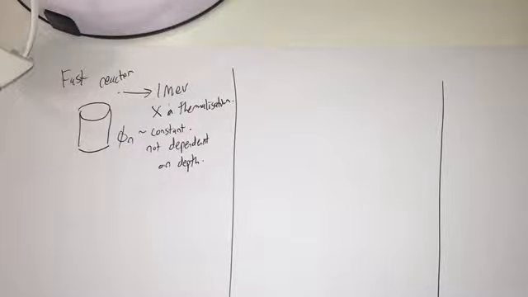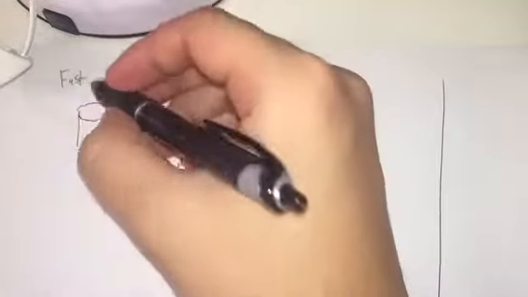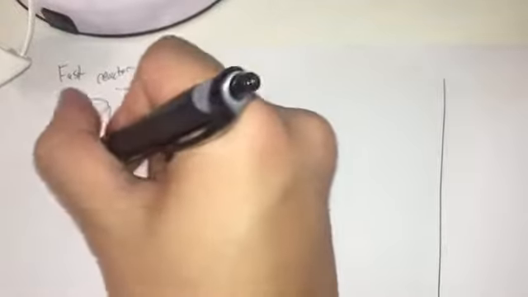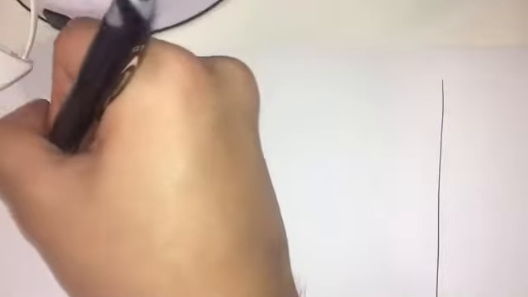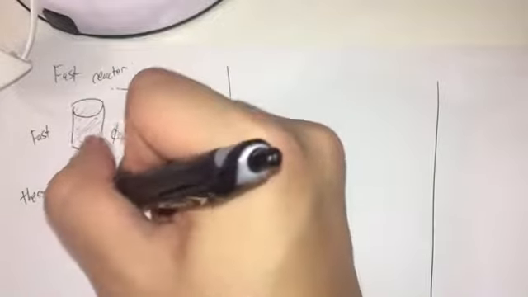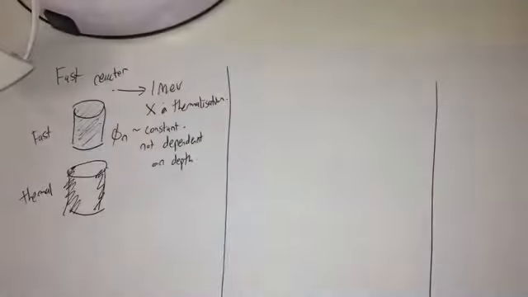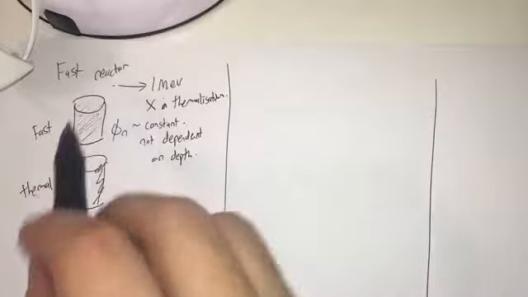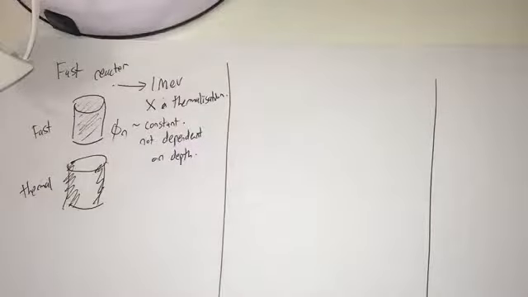So what does it mean for the heat generation rate? The heat generation rate is probably the same throughout the fuel, but as compared to a thermal reactor, most of the heat generation is at the surface of the fuel pellet. Here it is more or less the same throughout the whole fuel pellet. And what does it mean?